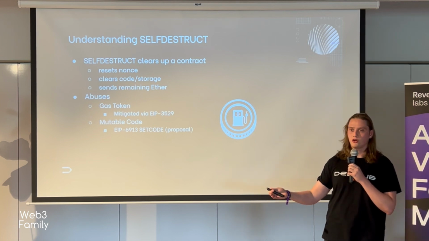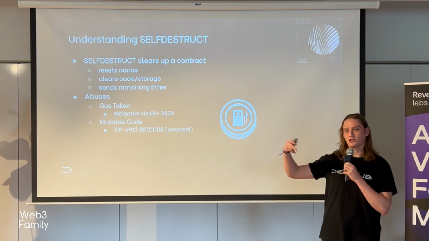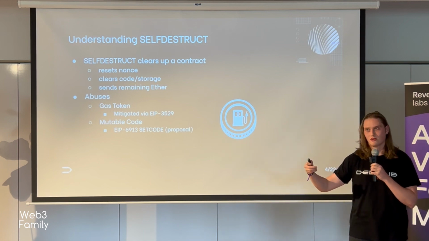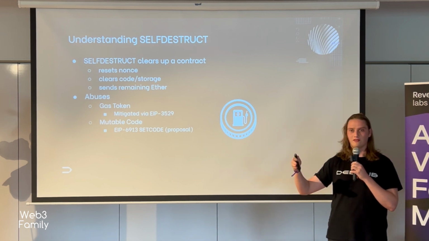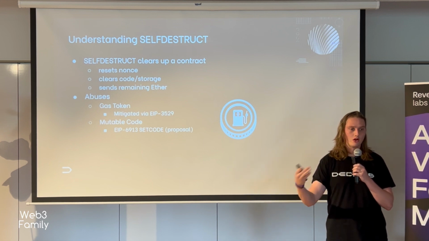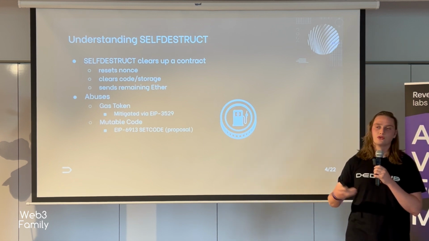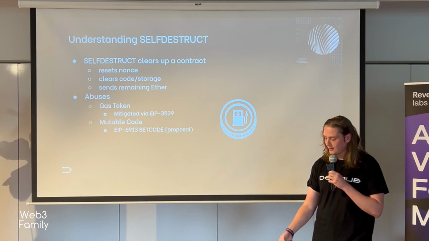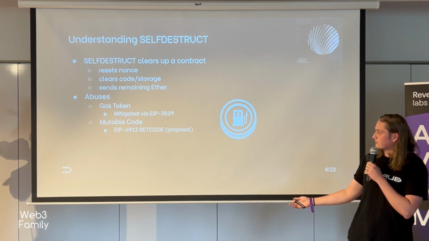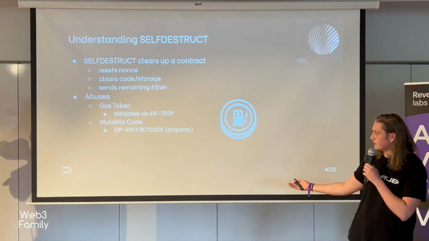Which one you chose depended on how much the gas price was going to increase. If I believe anything under 3.5x, you would use the storage one, and anything over 3.5x, you would use the contract creation one.